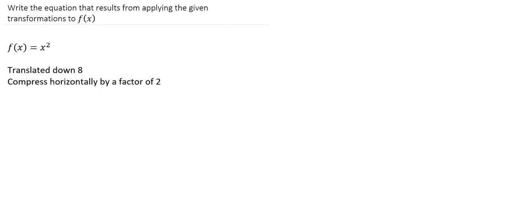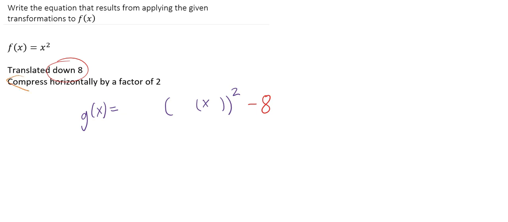That'll be my equation. In this one, I know my whole thing is going to look something like this. If I'm going to translate it down 8, that means I need a -8.